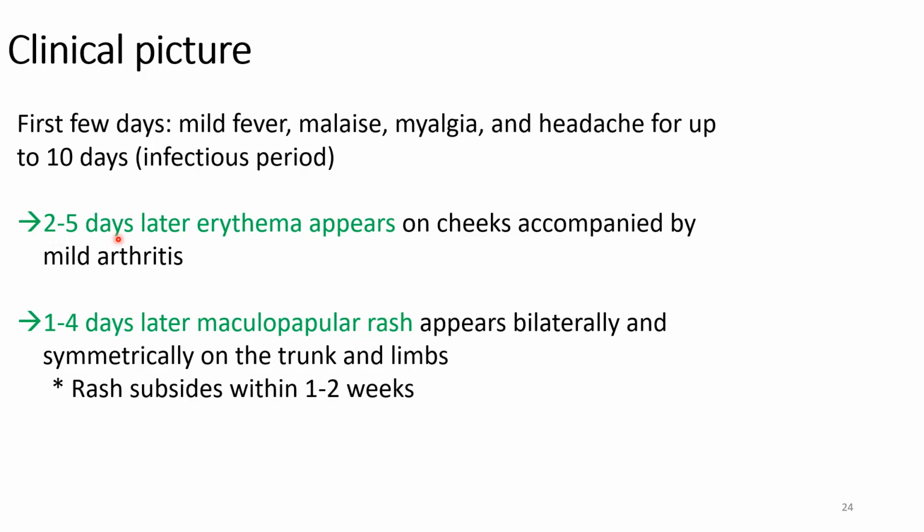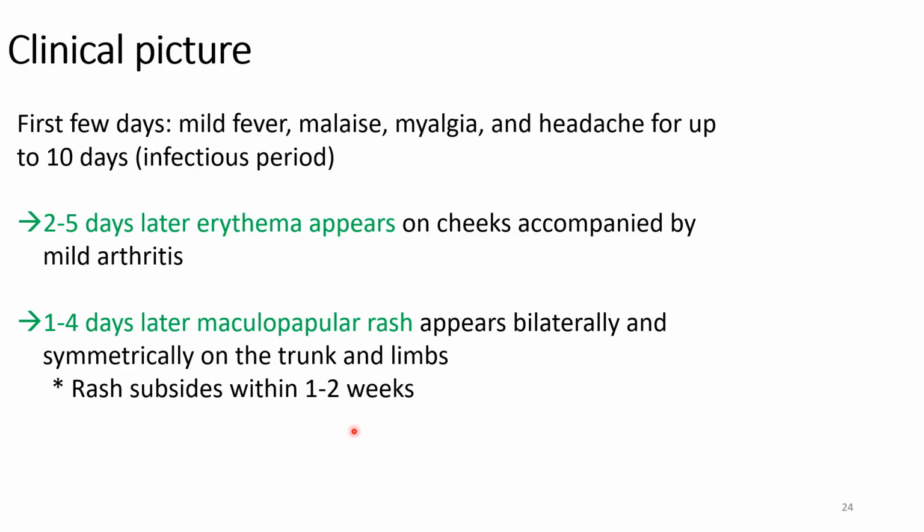Then 2 to 5 days later, the erythema starts to appear on the cheeks, and this is accompanied by mild arthritis. 1 to 4 days later, a maculopapular rash will appear bilaterally and symmetrically on the trunk and the limbs.